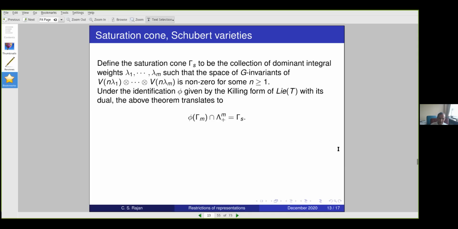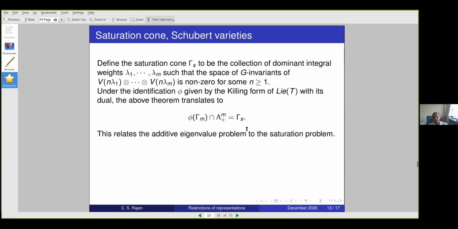So you look at the eigencone, phi of gamma E, and intersect it with the lattice of weights; this script m should be E. Then you get gamma of S, the saturation cone.